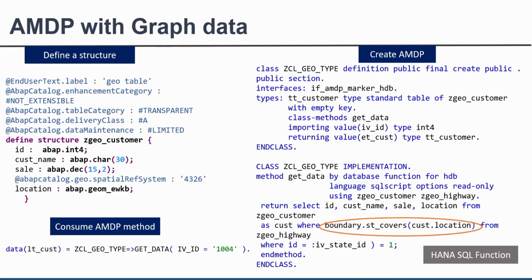This is how you can consume this AMDP method, the way you normally consume it in your program or in any other AMDP method. So this is how you can use geo data in ABAP SQL, and how you can use AMDP for selecting the data using geo data.